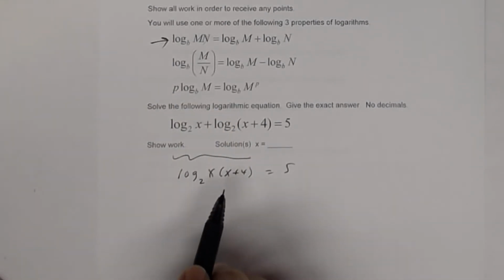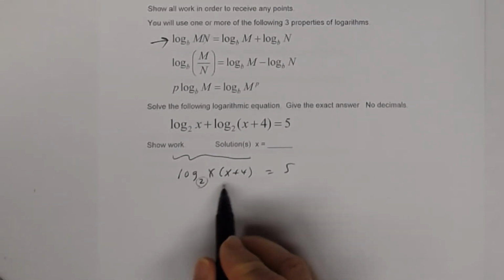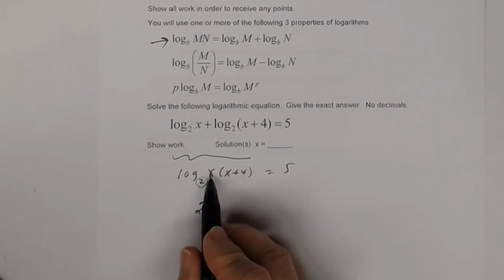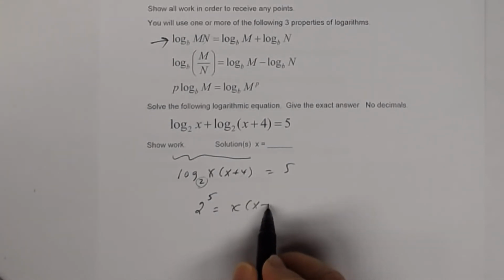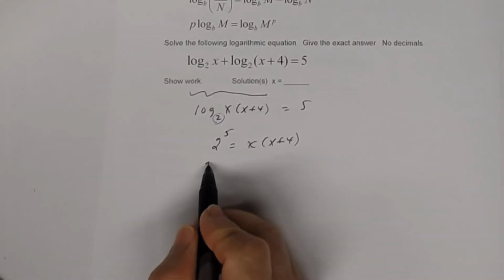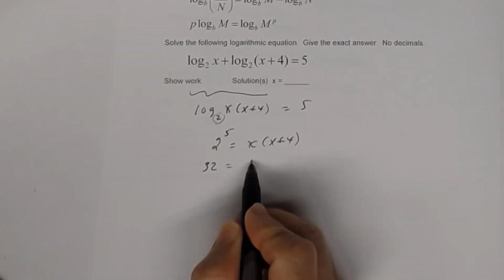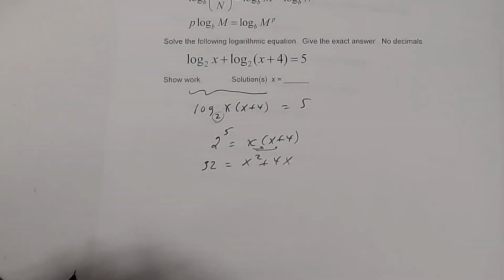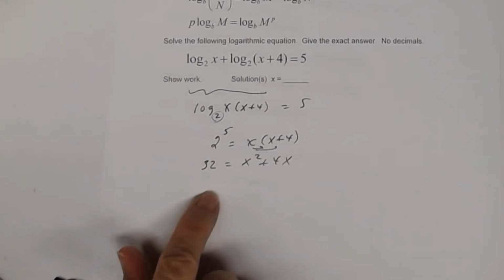All right. Now I'm going to change this to an exponential. So you're going to say 2 to the 5th power equals the argument, x times x plus 4. And 2 to the 5th power is 32, equal, and then I'm going to distribute this, that's x squared plus 4x, right? And I'm going to go ahead and transpose the 2 sides.